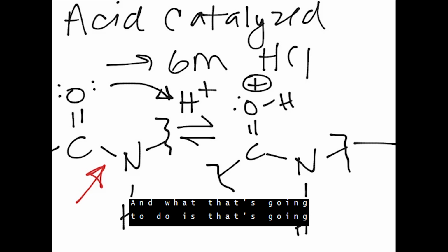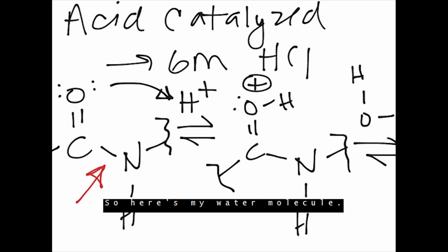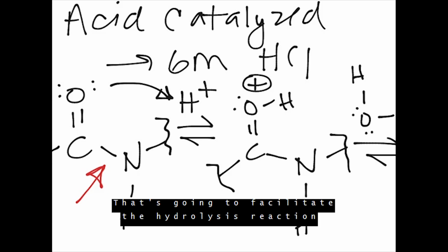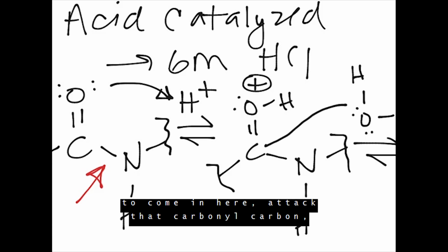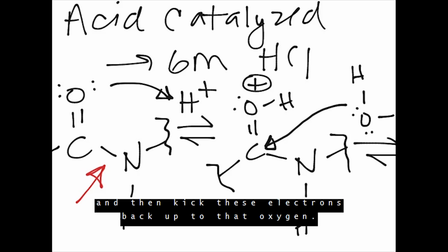And what that's going to do is facilitate a water molecule coming in. So here's my water molecule with its 2 lone pairs of electrons. That's going to facilitate the hydrolysis reaction by making it even easier for that lone pair of electrons to come in here, attack that carbonyl carbon, and then kick these electrons back up to that oxygen.